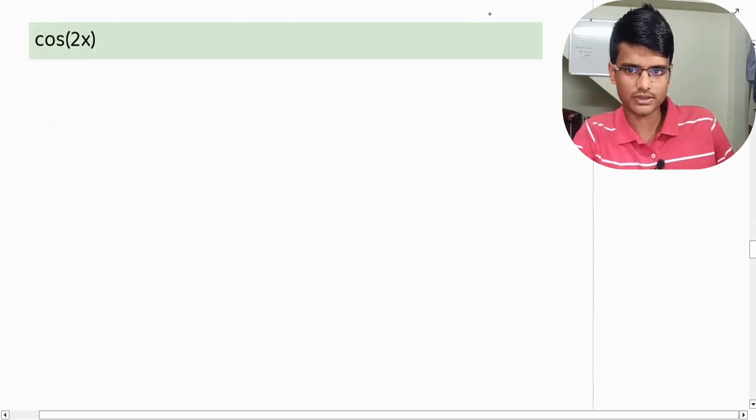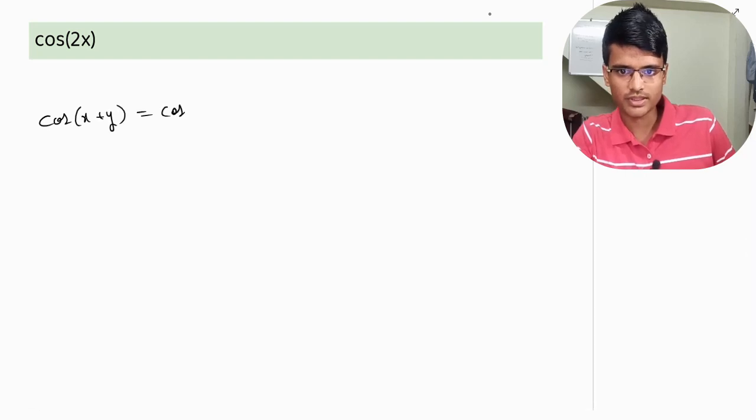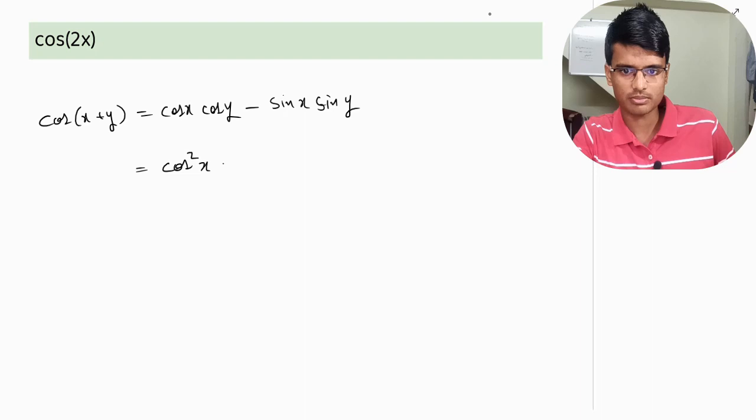Similarly, cos 2x. What is cos of x plus y? It is cos x cos y minus sin x sin y. I'll replace y with x. I'll get cos square x minus sin square x.